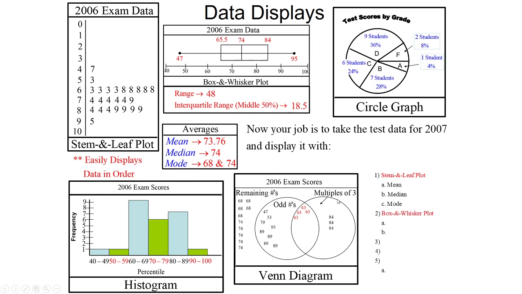All right, and then we're going to do our box and whisker plot, and with the box and whisker plot we're going to make sure we know the range and the interquartile range, and then we're going to do our others, which would be what? Our histogram, and then our circle graph, and then our Venn diagram. And the Venn diagram will be used to answer the question, showing the scores that are odd and multiples of 3.